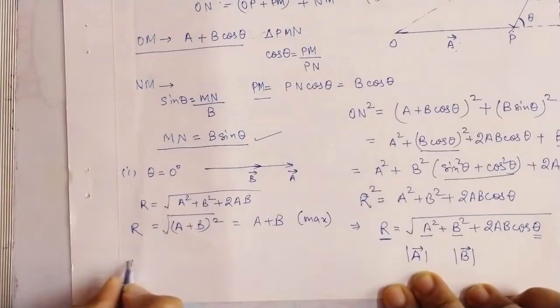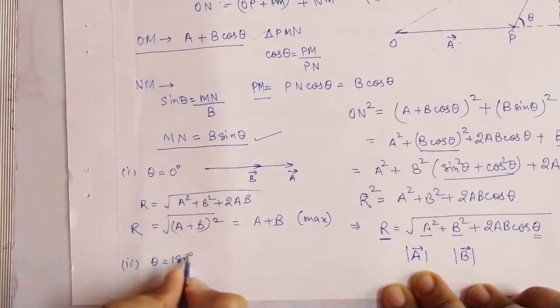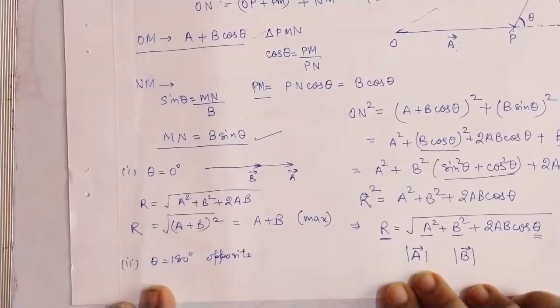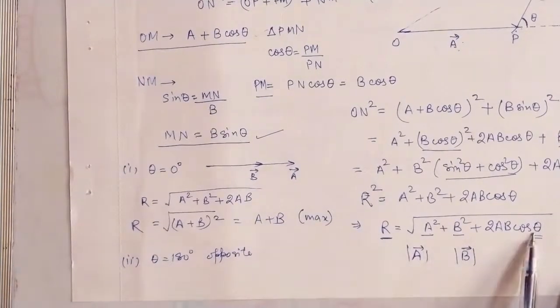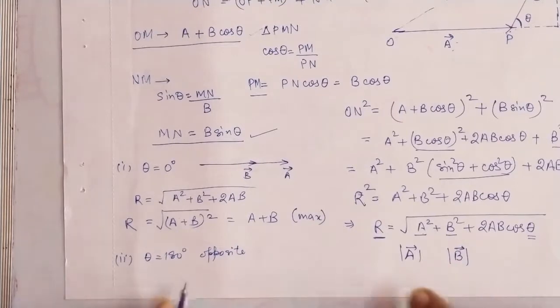Similarly, if both vectors A and B are acting at 180 degree, that is opposite to each other, what will happen at that time? Your cos theta will become cos 180 degree, and that value is minus 1.